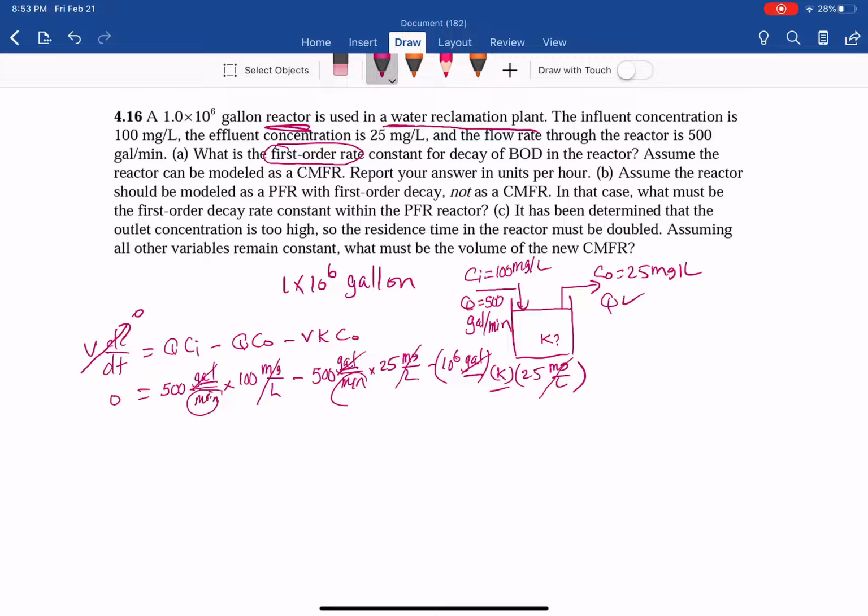So we will find the K. Let me just calculate this K here. Hold on. So let's just put in the calculator.